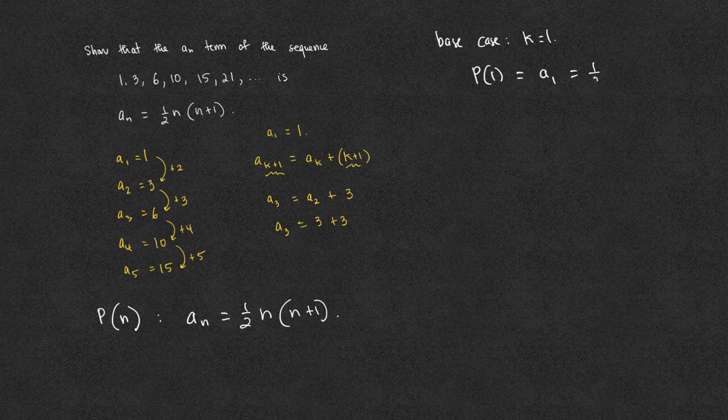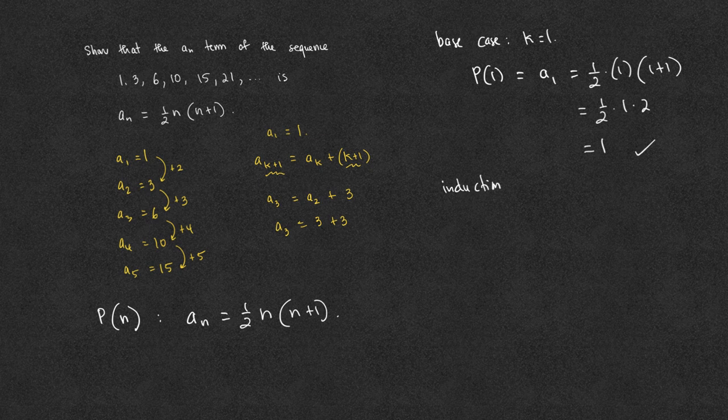A sub 1 is 1/2 times n times n plus 1, and we replace n with 1. Simplifying this, we have 1/2 times 1 times 2, which is indeed 1, because we see that a sub 1 in the sequence is 1. So the base case is correct. It is true. We then move on to the induction case.